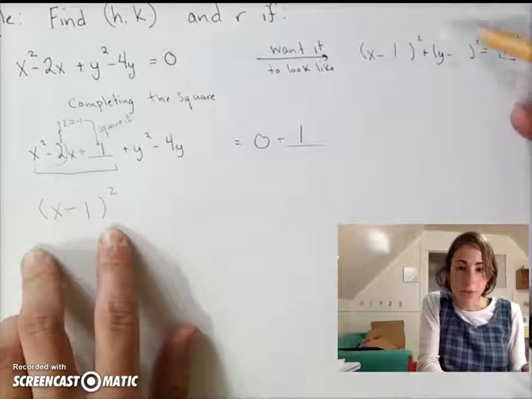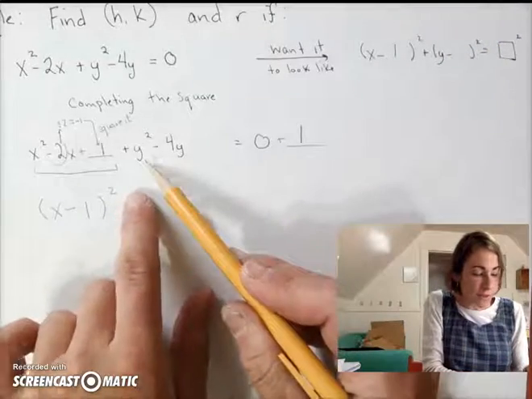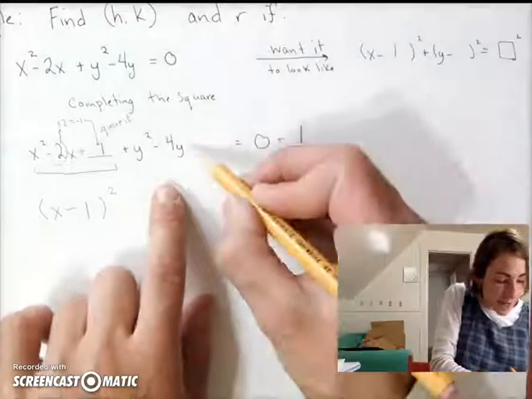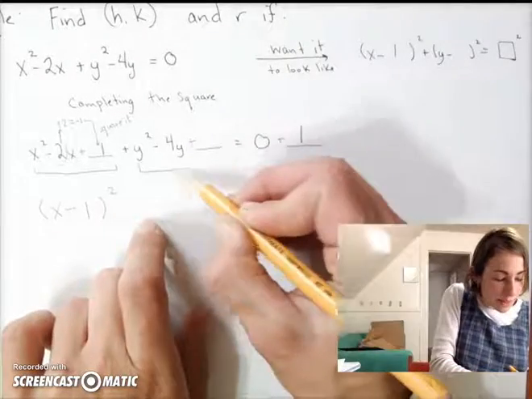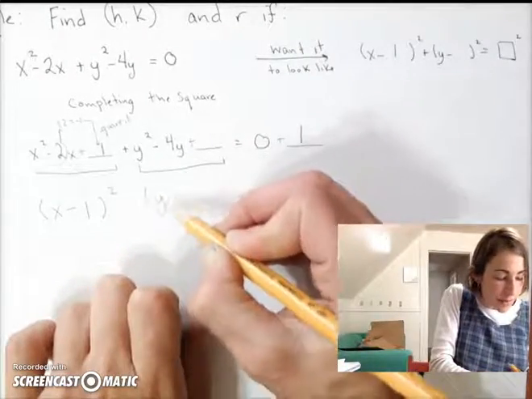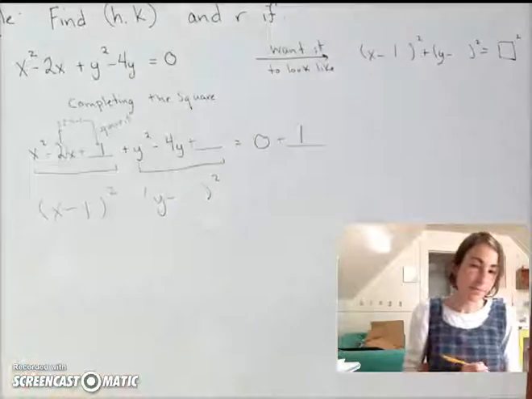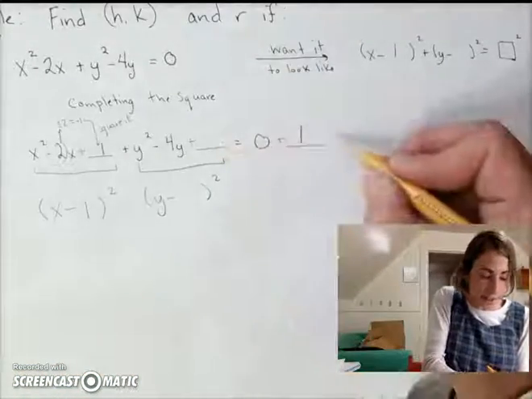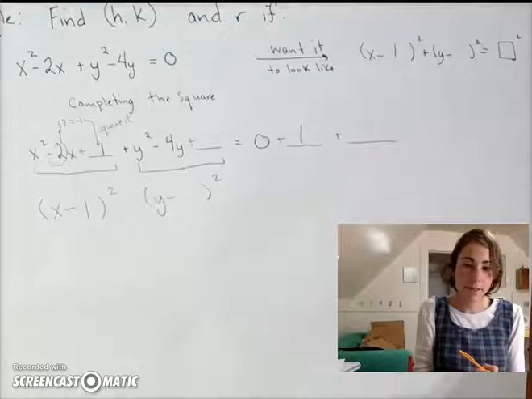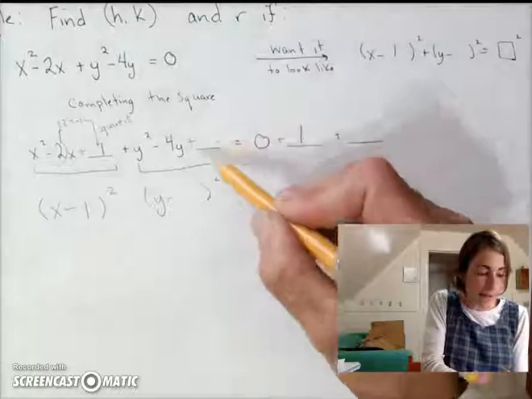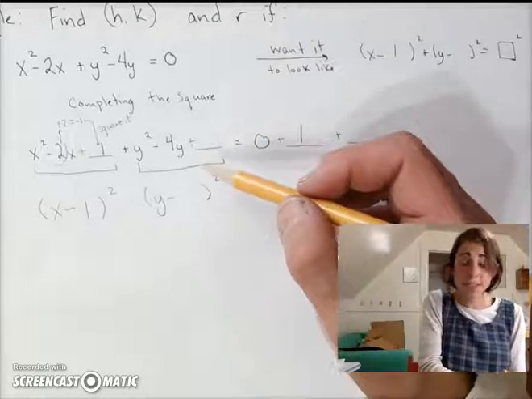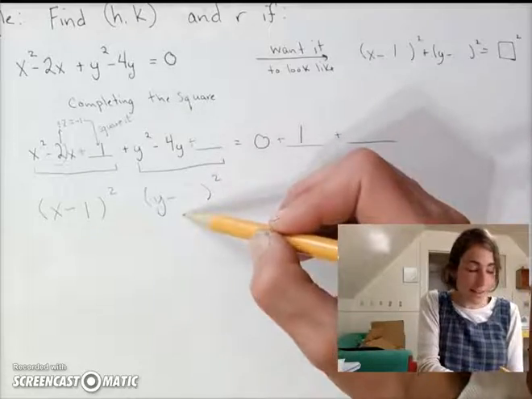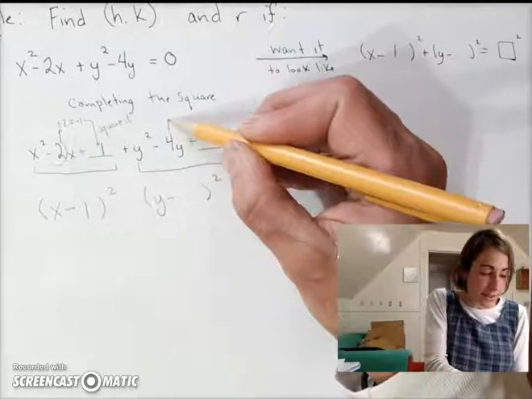Let's deal with the y term. I have y squared minus 4y. I want to add something so that this will all factor as y minus something squared. Whatever I add here, I'll have to add here. To determine what I'm adding, to make it the perfect thing to add so that it factors like this as a square, I do the same process.